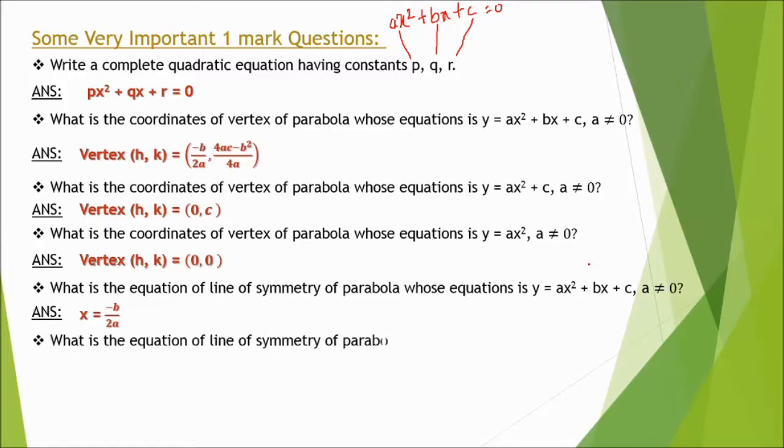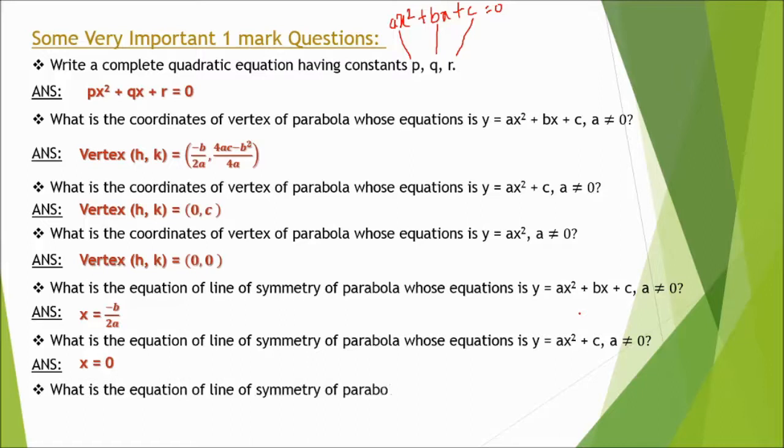What is the equation of the line of symmetry of the parabola whose equation is this? Now b is missing, that means the vertex lies on the y-axis, and the y-axis is the line of symmetry, so the equation is x equal to 0.